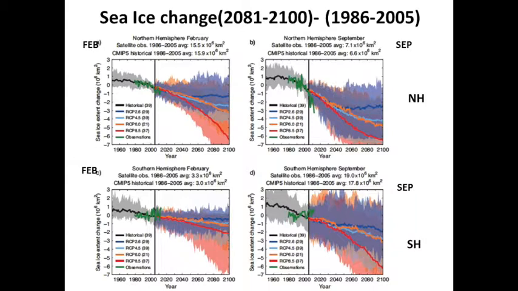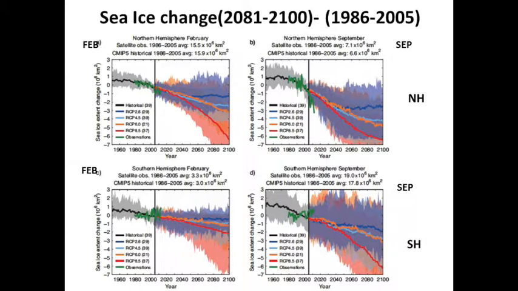And this part is the observations and the models, and we can see that the observations are showing this reduction, and these are the scenarios, the reduction in the scenarios.